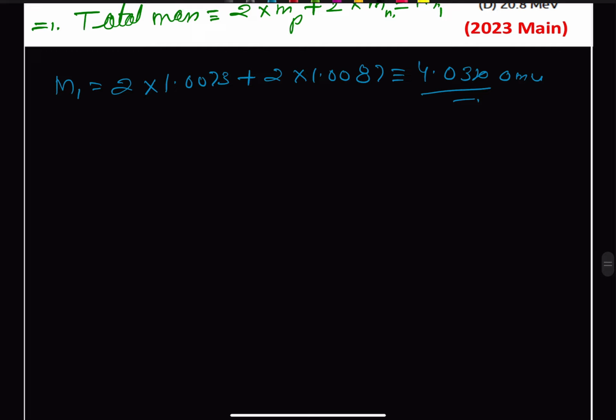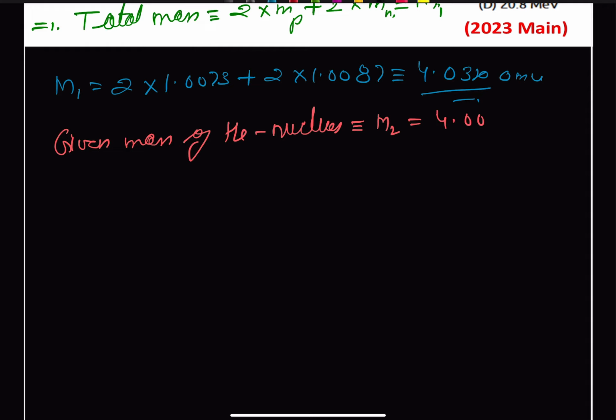So we can say the given mass of helium nucleus, let us call this M2, is 4.0015 AMU.